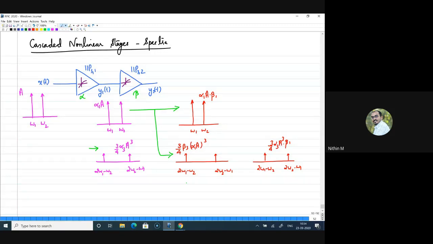Now, apart from this, can you think of any other components which will give you some intermodulation terms? Fundamental anyway we have written, we will not get any more fundamental terms. Nagesh: 3 omega 1 minus 3 omega 2 and 3 omega 2 minus 3 omega 1. What is that?